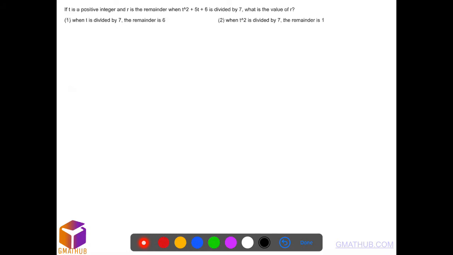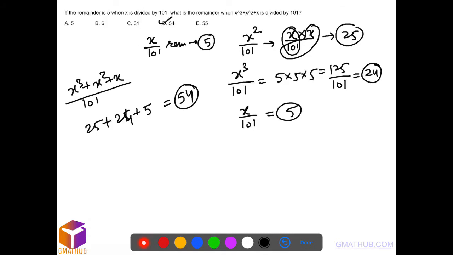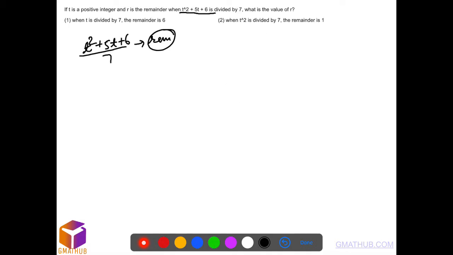Now if you see, the same thing goes here. T square plus 5t plus 6 divided by 7, what is the remainder? Now the way in previous question, if x by 101 remainder is there, we can find x square by 101 remainder, we can find x cube by 101 remainder.